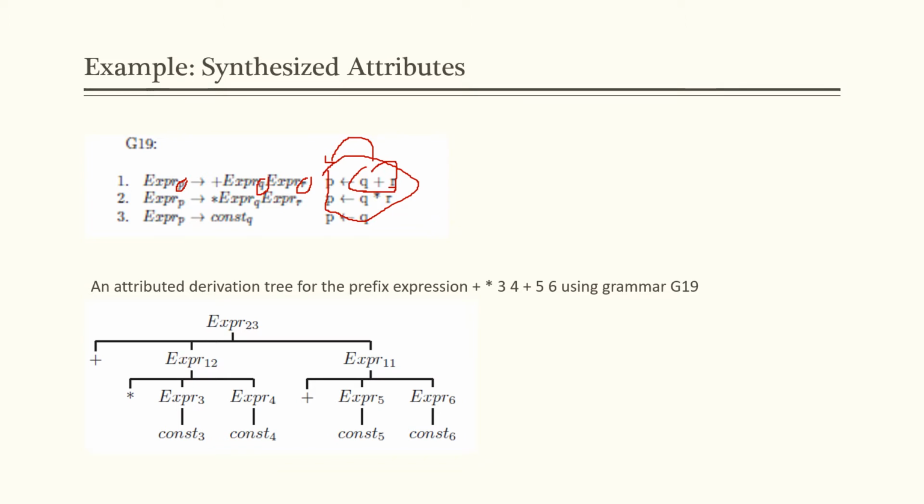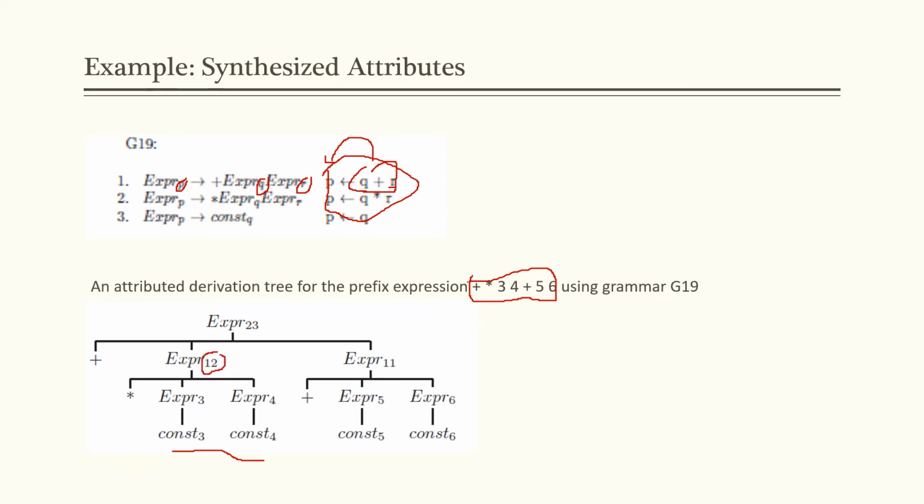If you look at this attributed derivation tree down here, we have plus and minus. We want to be able to do these operations: plus, multiply, 3, 4, plus 5, 6. So we have constants 3 and 4. What we want to do is a multiplication. So we multiply 3 and 4, and the result becomes 12.